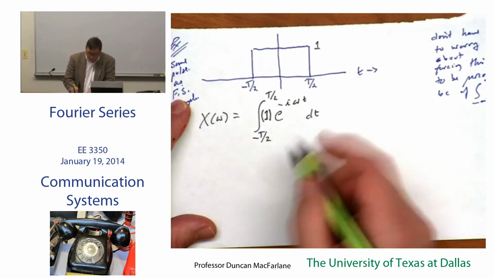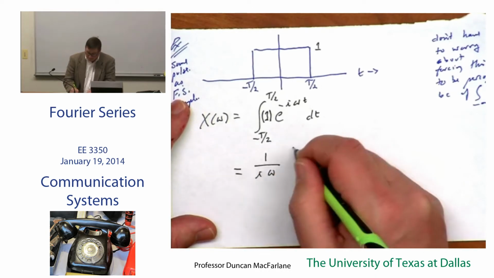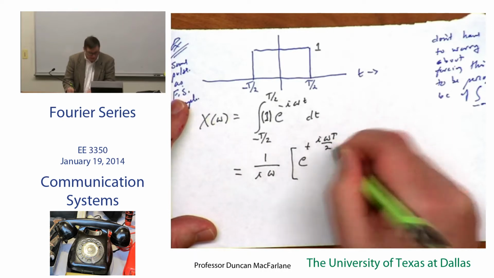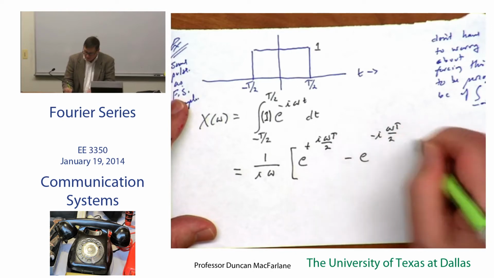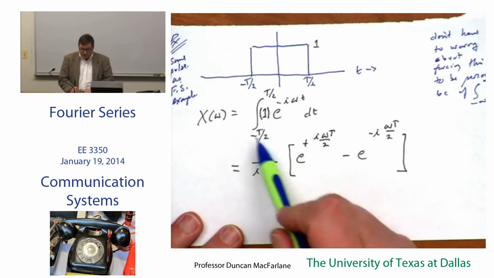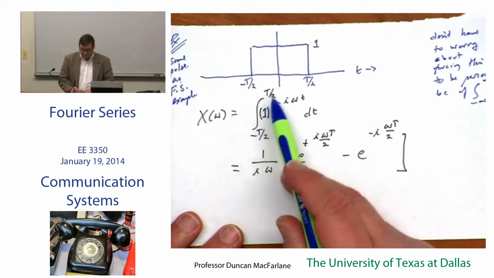I skipped a couple of steps that I hope you don't stress out about. I've already done this integral, so I can afford to do it a little quicker this time. Integrate this, I pull down an I omega, and I evaluate the resultant integration at T over 2 and minus T over 2.